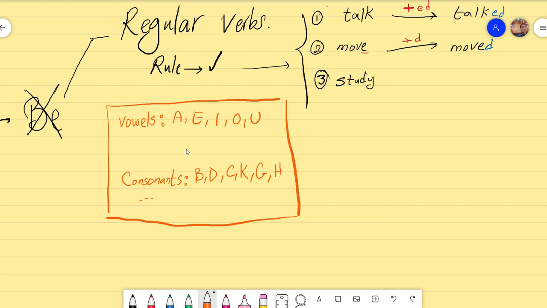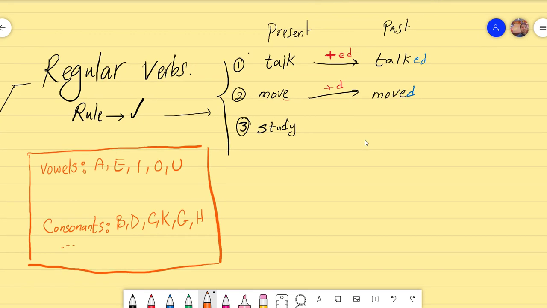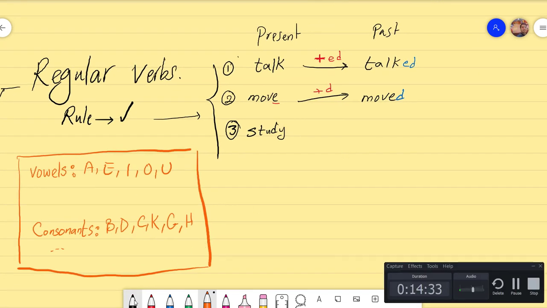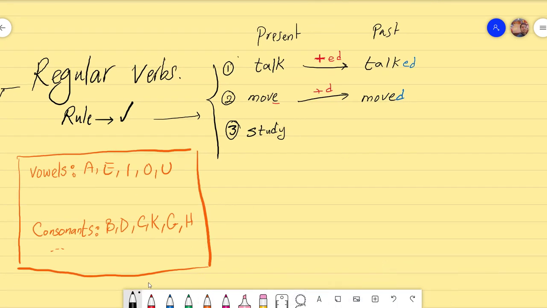Okay, so let's get back to the one that we were talking about before. So here, we were looking at the word study. Now the last letter is Y. Now look at the letter before that, D. Is D a vowel or a consonant? It's a consonant.